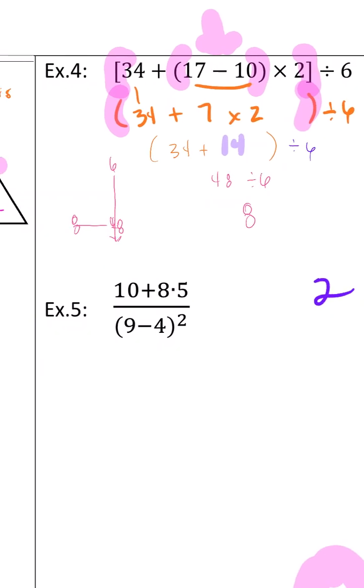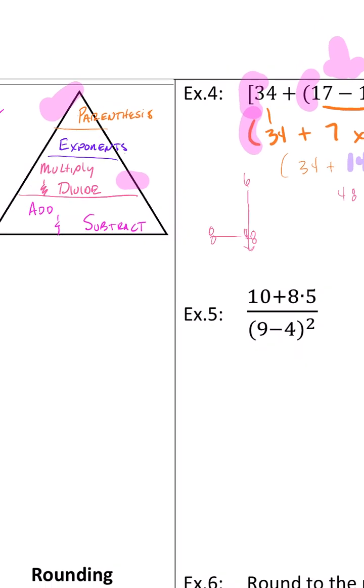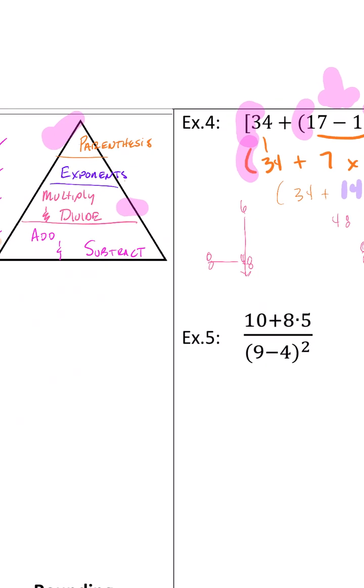Okay, so I look at this. Again, I'm going to go back to this triangle and what we talked about in class a couple of times, and we did it in class as a group, was that this right here, you have to treat like it's parentheses and this like it's parentheses. And then that symbol right there, this bar right here, means divide.